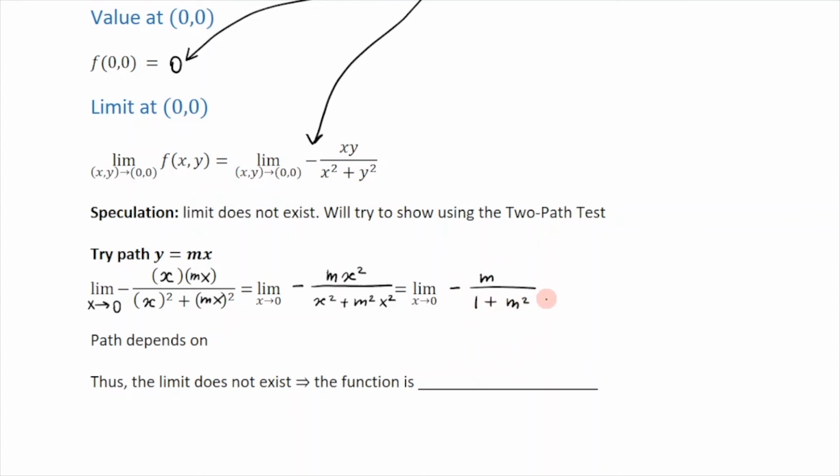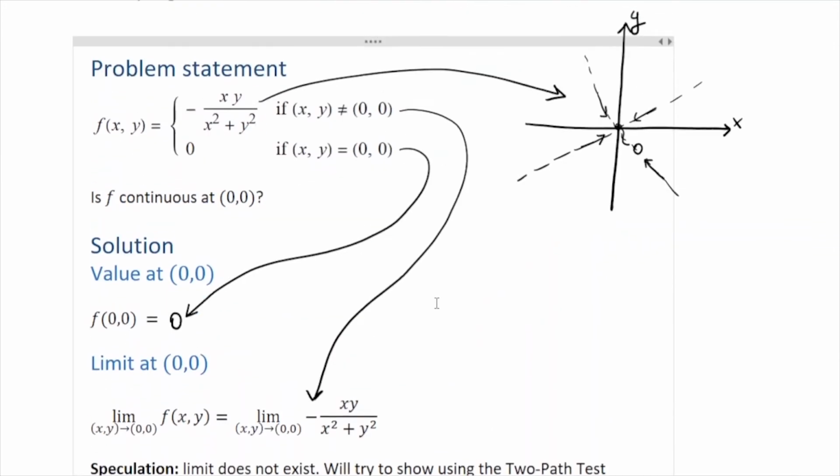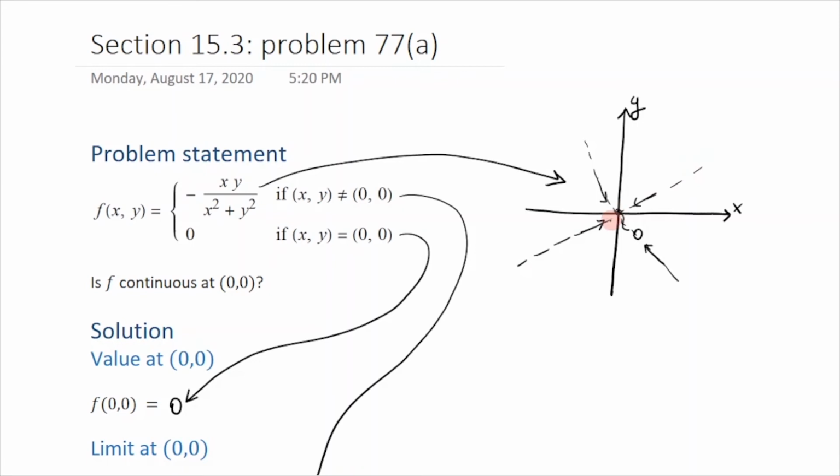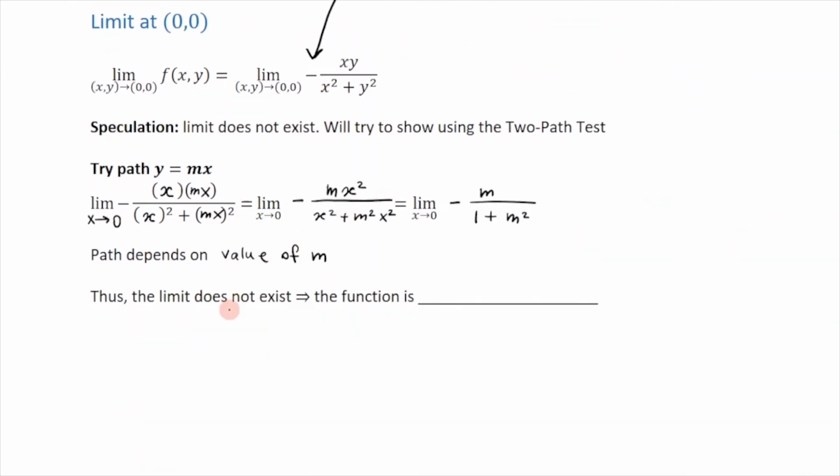So you see that the path depends on the value of m. So on the choice of the path, depending is it this one or is it this one, etc. Which means that the limit does not exist.